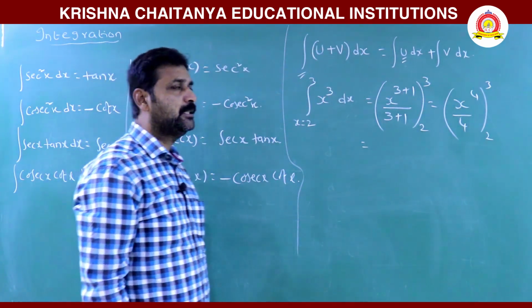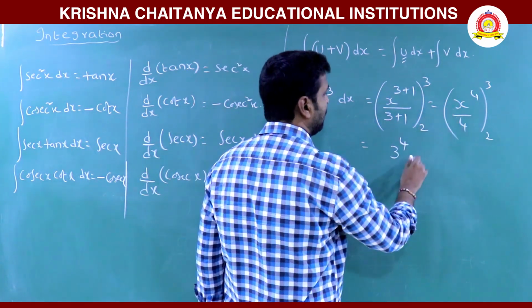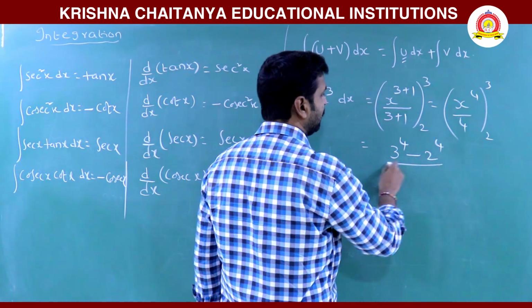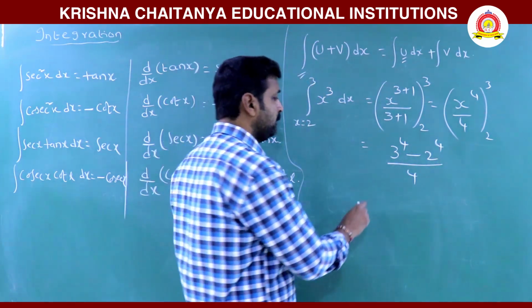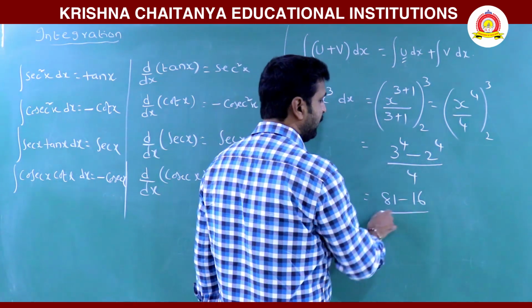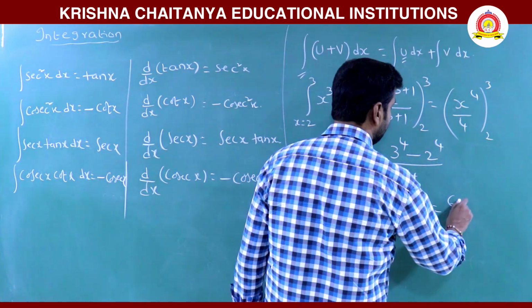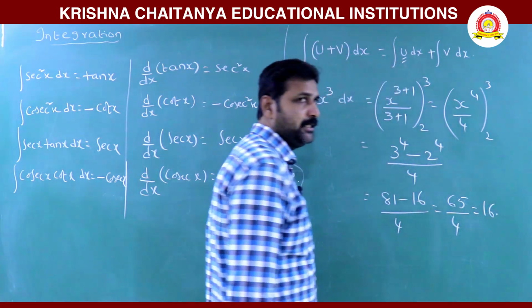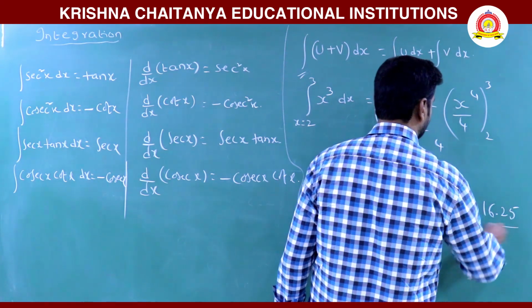First substitute the higher limit, 3 power 4, minus the lower limit, 2 power 4, all by 4. 3 power 4 is 81, 2 power 4 is 16, by 4. 81 minus 16 is 65 by 4, which is 16.25.